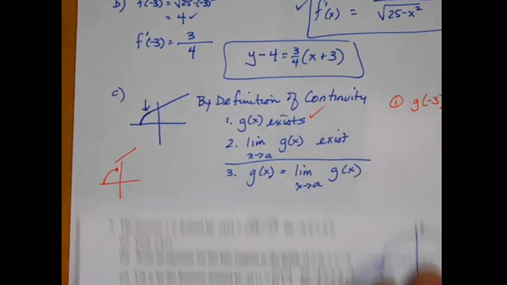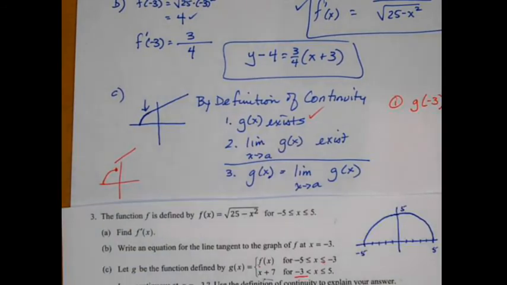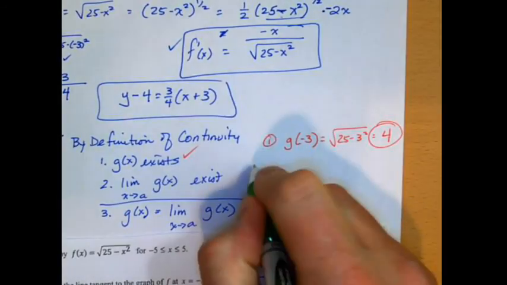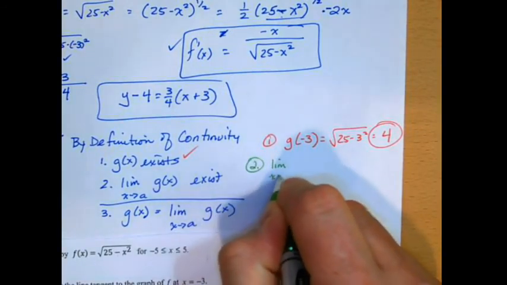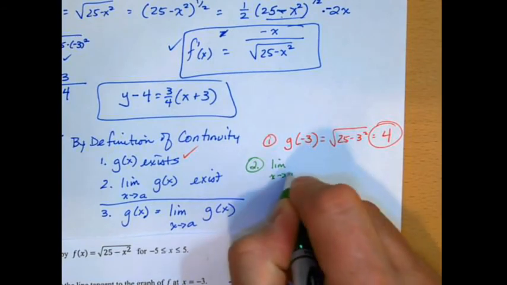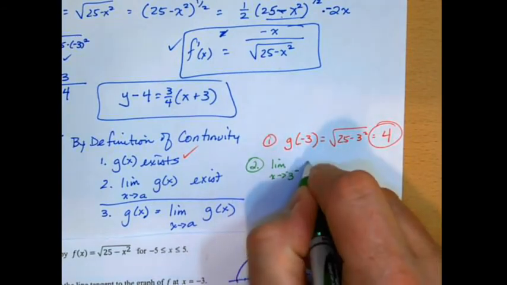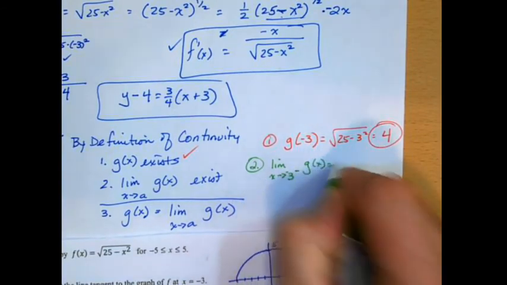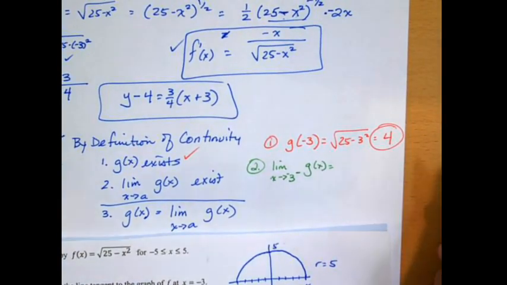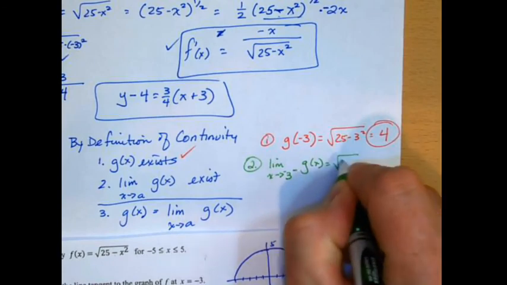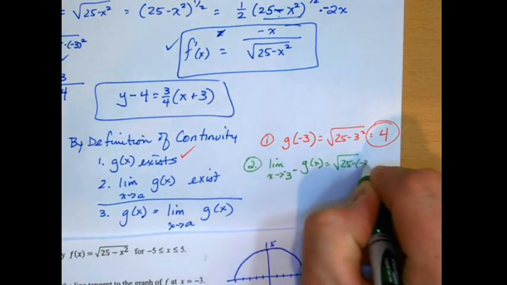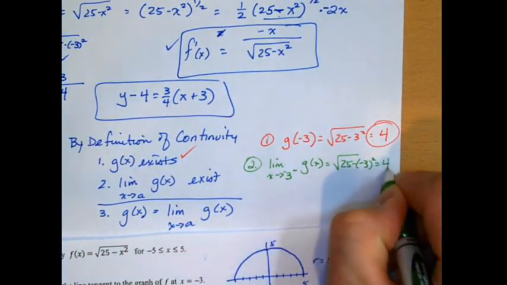All right, so that one is good. Part 2. Let's go to green. We have to check the limit as x approaches negative 3 from the left. So we're going to check the square root of 25 minus negative 3 squared, which is 4. Yep.